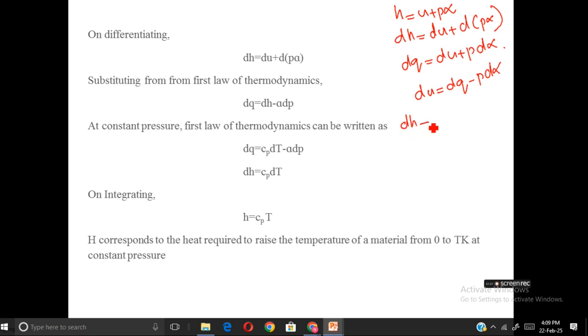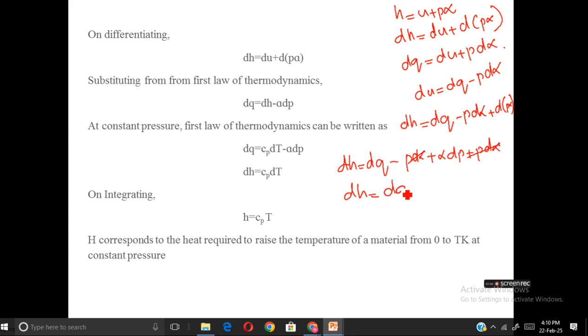We will get dH is equal to dQ minus P d alpha plus d of P alpha, and d of P alpha is alpha dP plus P d alpha. The plus and minus P d alpha cancel, so dH becomes dQ plus alpha dP. This is the enthalpy of the system: dH is equal to dQ plus alpha dP.